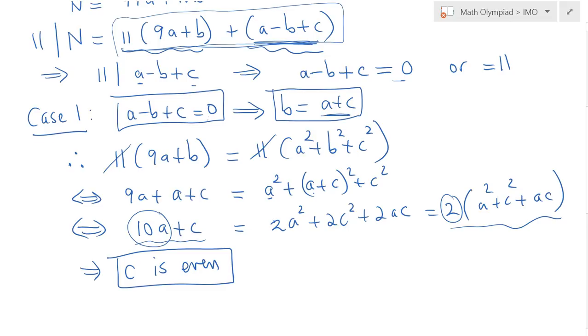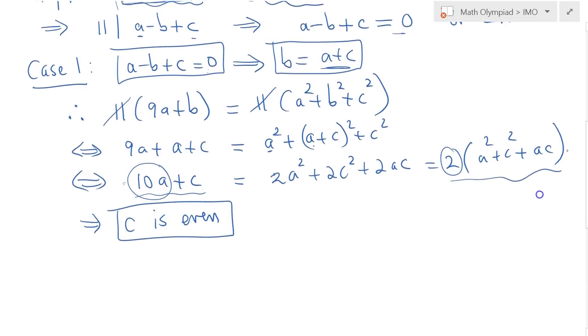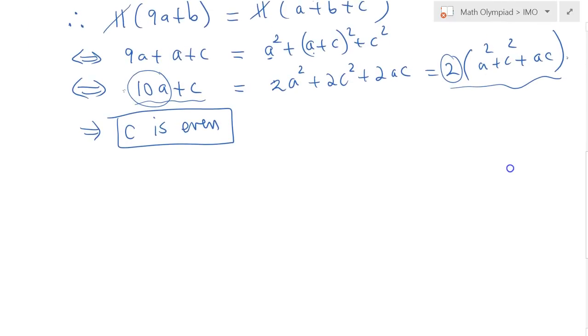Now what I will do is I will take this expression and express it as a quadratic in a. I can do that, and you know exactly why I'm doing it. You've seen this before, I'm sure. So I have 2a squared on the right side, so let me move everything to the right side. We would have 2a squared.